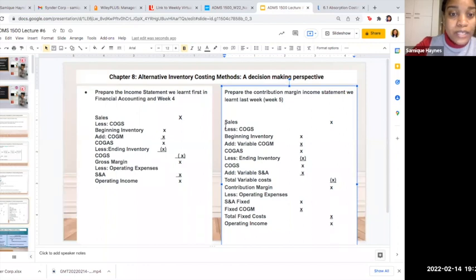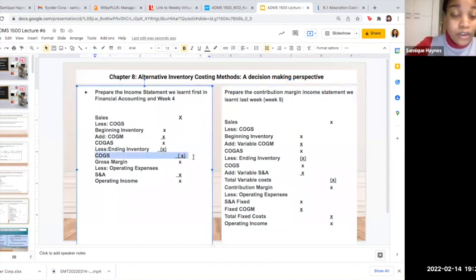So what we see is that this one, the first one, doesn't separate. It puts the fixed and variable costs for manufacturing together, right? So this cost of goods manufactured here, or this cost of goods sold here is a mixture of fixed and variable costs.